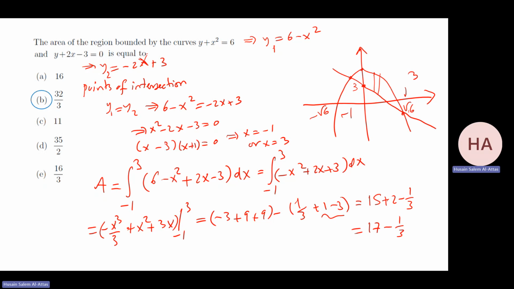This is not minus 3, this is minus 9, because it's minus 27 over 3. That will be 9, sorry. So 9 plus 9 that will be 11 at the top. So I have 33 minus 1 over 3, which is 32 over 3.